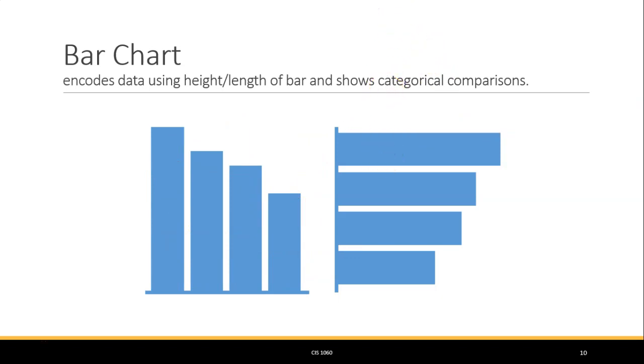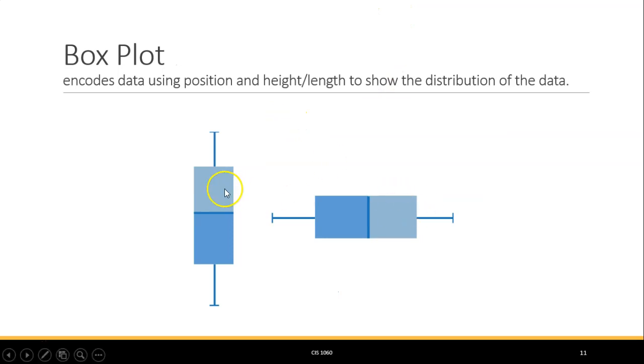The next is a box plot. We talked about box plots a little bit. Typically, the middle line is the median. This is the minimum. This is the maximum. And this quadrant here is the first 25% of the observations. Then this is the next 25%, or the third quadrant, and this is the fourth quadrant.